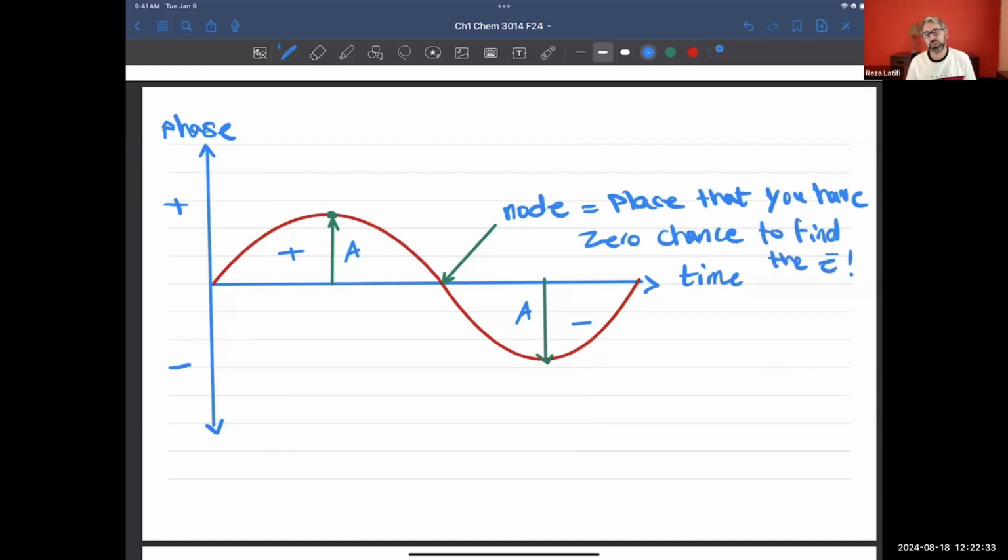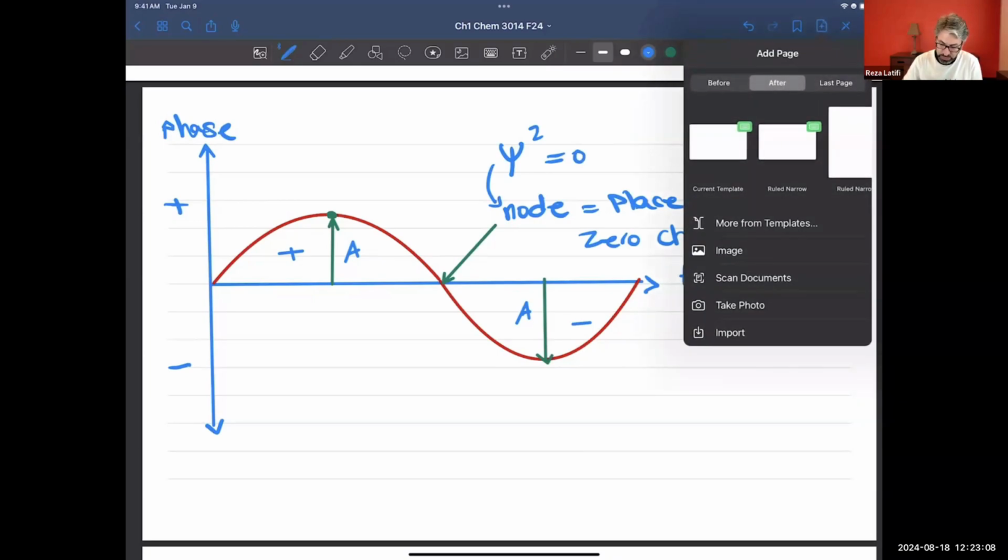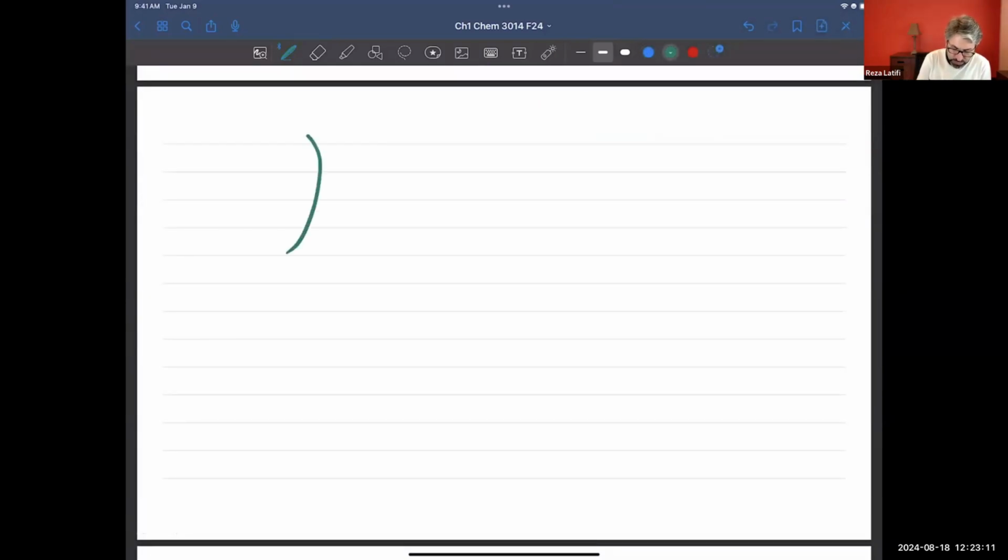Usually we show it by psi squared, the probability of finding an electron. Psi squared is going to be equal to 0 inside a node. And one common node for any orbital, regardless of the nature of that orbital, is the nucleus. You have zero chance to find any electron inside the nucleus. And when we are talking about the p orbital, we say it has two lobes, positive and negative.